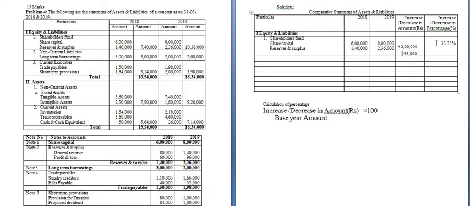Now we have to find out what percentage. How we can find out percentage? Increase or decrease in the amount of reserves and surplus divided by base year amount of reserves and surplus.